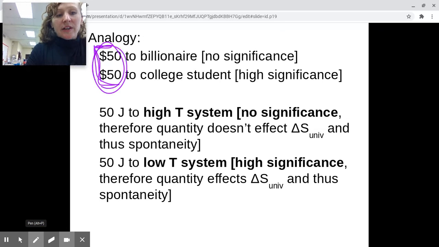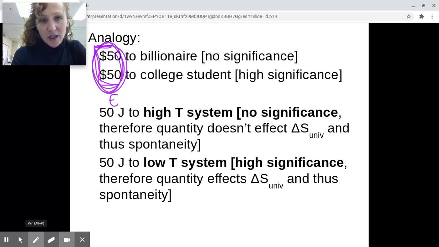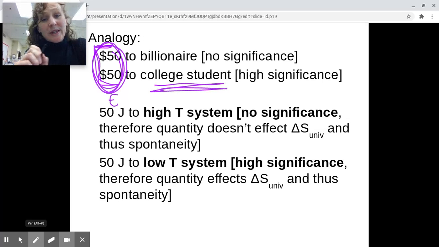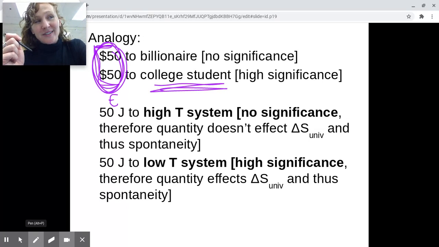Same bundle of energy, the same bundle of energy is going to be our $50 bill, right? If you give that $50 bill to a college student who is at a low temperature or a low financial position, right? That college student is going to flip out on you.